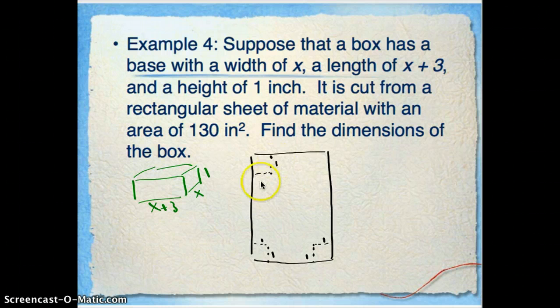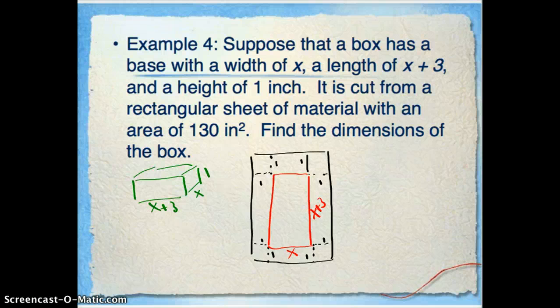And then you would not actually use them as part of your box. And then if you had the rest of your box here, I'll use a different color. This could be an x plus 3 for the length of the bottom of the box, and this could be an x. And then you'd have that 1. If you folded it all up, it would make your box.